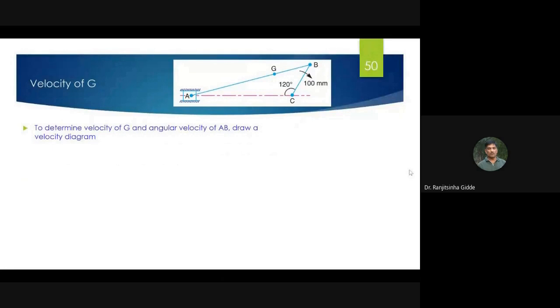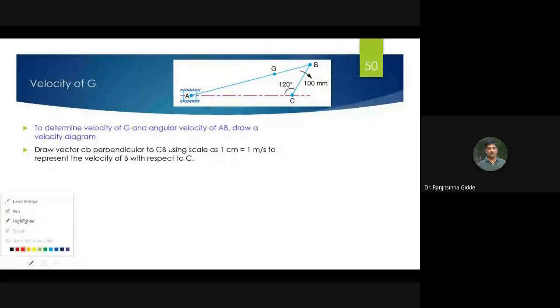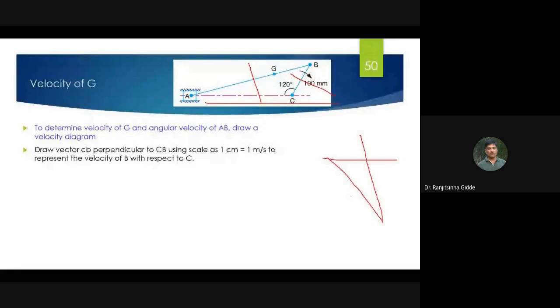Okay, next line. Now we are going to draw one vector perpendicular to this link, one vector perpendicular to this link, and one vector parallel to this link. Like this the velocity diagram will be there.